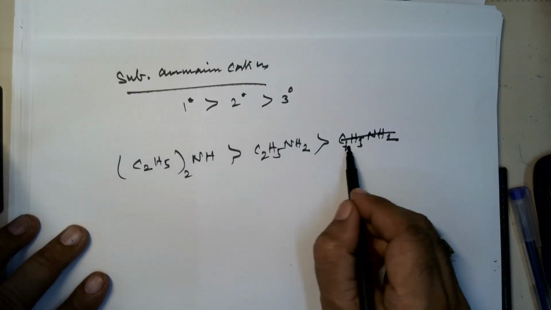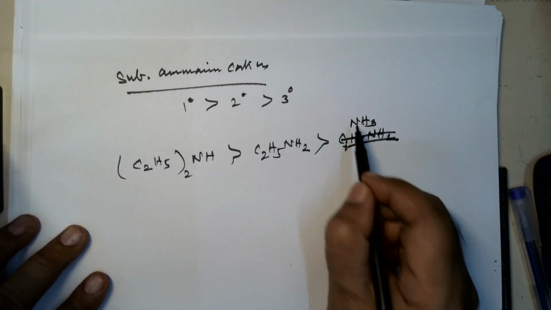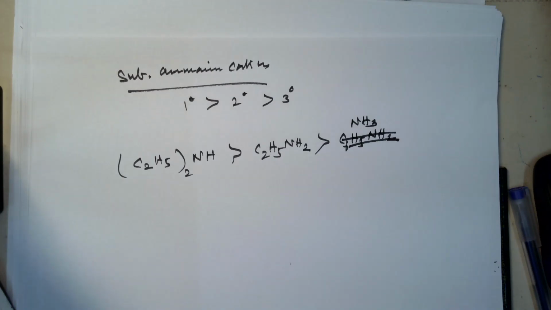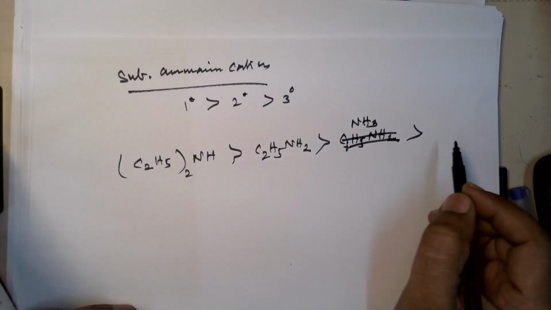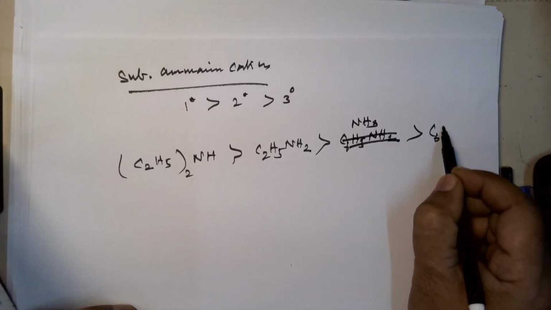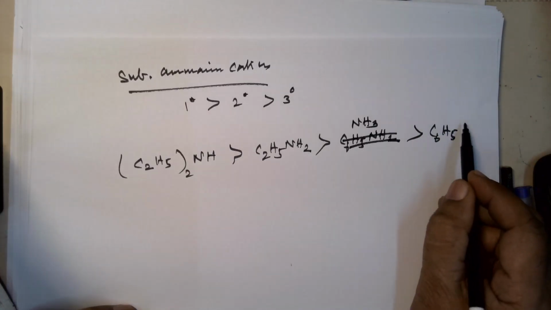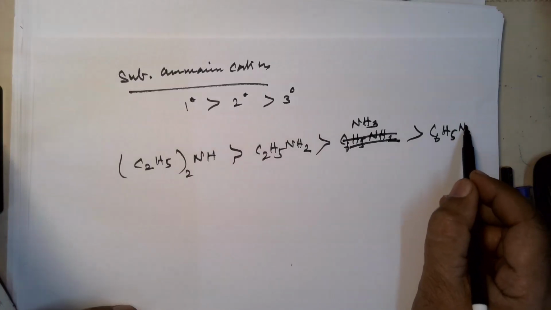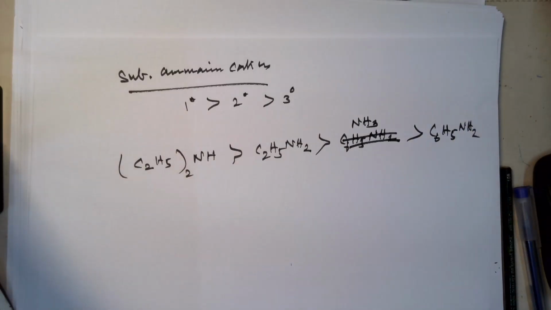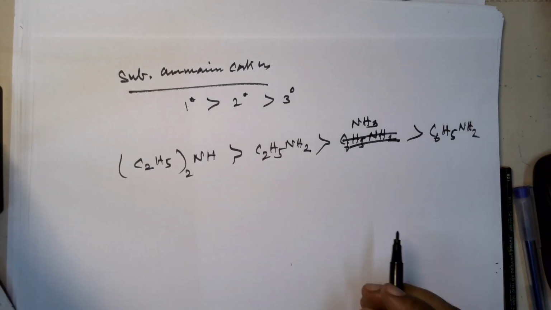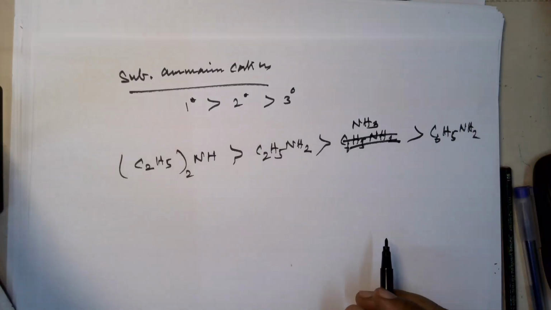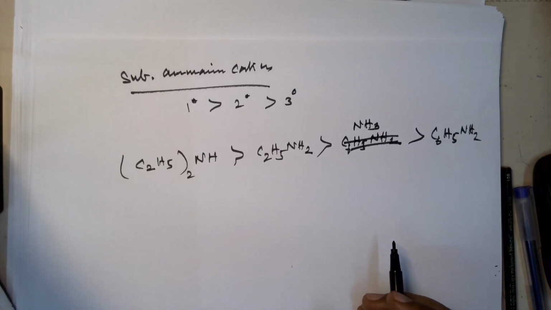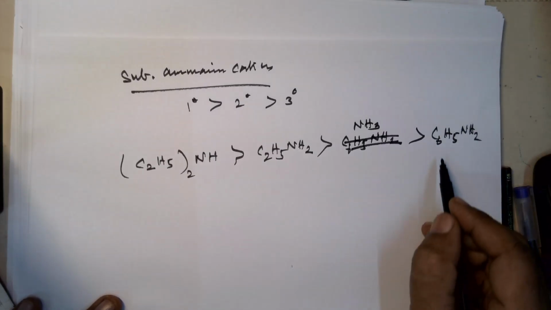And in fact, let me introduce ammonia here. Then aniline. So here ammonia is more basic than aniline. This is because of the stability of aniline.